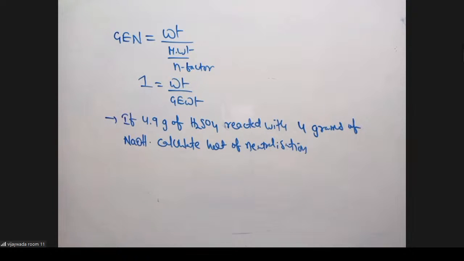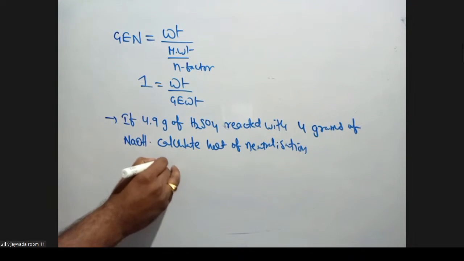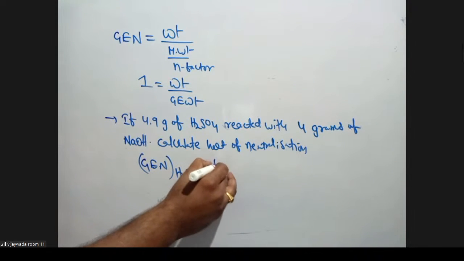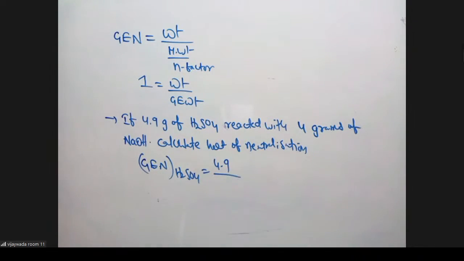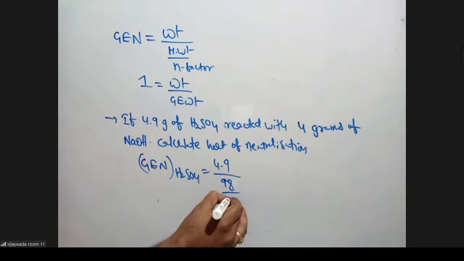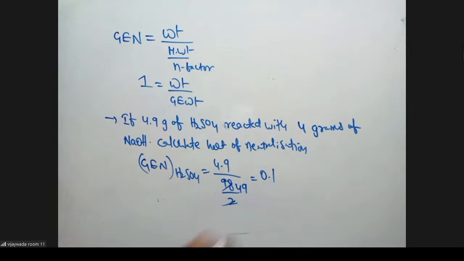Okay, students, what is the answer? First of all, we need to find how many gram equivalents of H2SO4 is given. Gram equivalents of H2SO4: weight 4.9 by molecular weight 98, n factor 2. So it is 0.1.